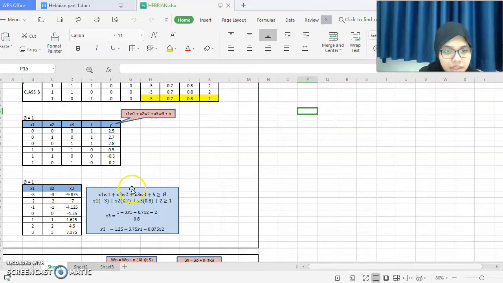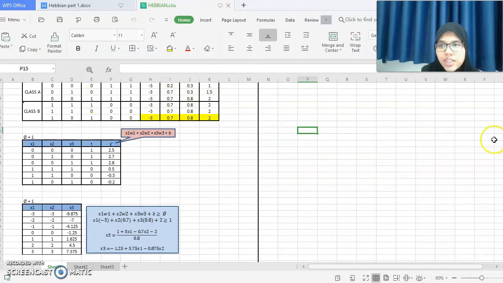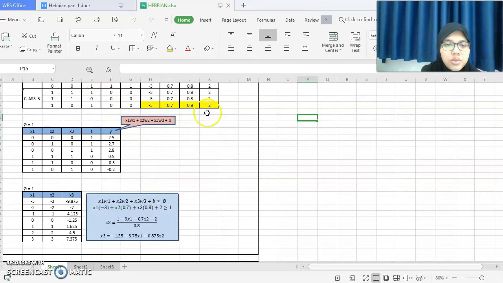Basically, from this equation, x1 w1 plus x2 w2 plus x3 w3 plus b is equal to or more than theta, we will insert the latest values that we get from the Hebbian training algorithm, which is the yellow part.